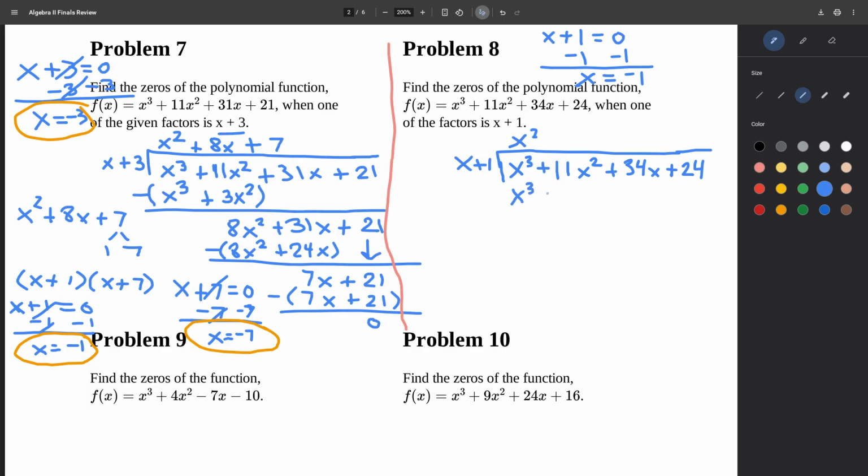X squared times 1 is x squared, or 1x squared. If we subtract here, x cubed minus x cubed is 0. 11x squared minus 1x squared is 10x squared. Bring down the 34x, so plus 34x, and plus 24.